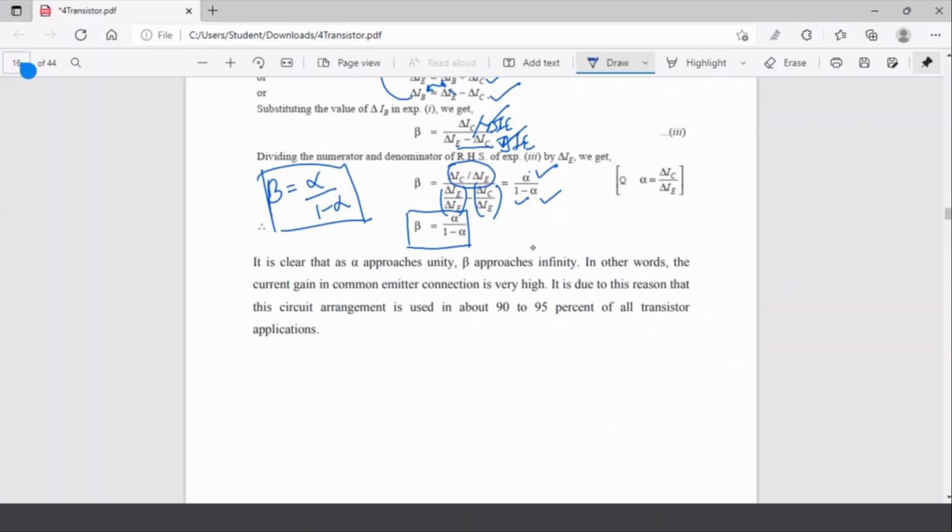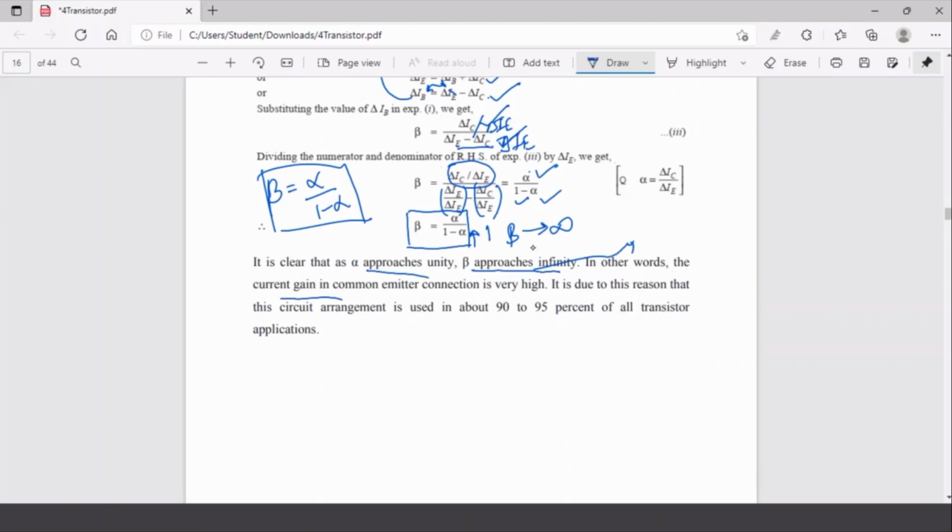Yes, so what can we see if the alpha value is increased? How did we increase alpha? By reducing the thickness of the base region, and the doping level. If we reduce the thickness of the base, alpha will increase, and the maximum value of alpha is 1. As alpha approaches unity, beta will approach an infinite value.